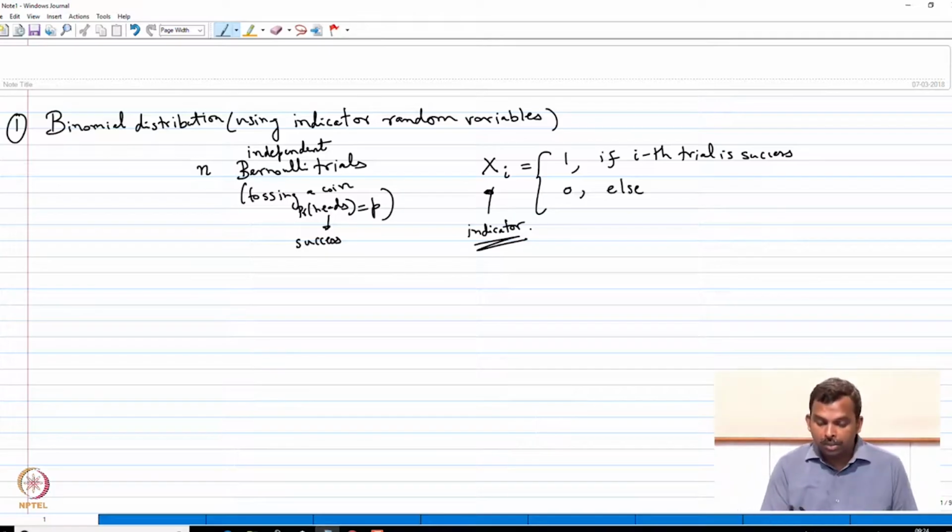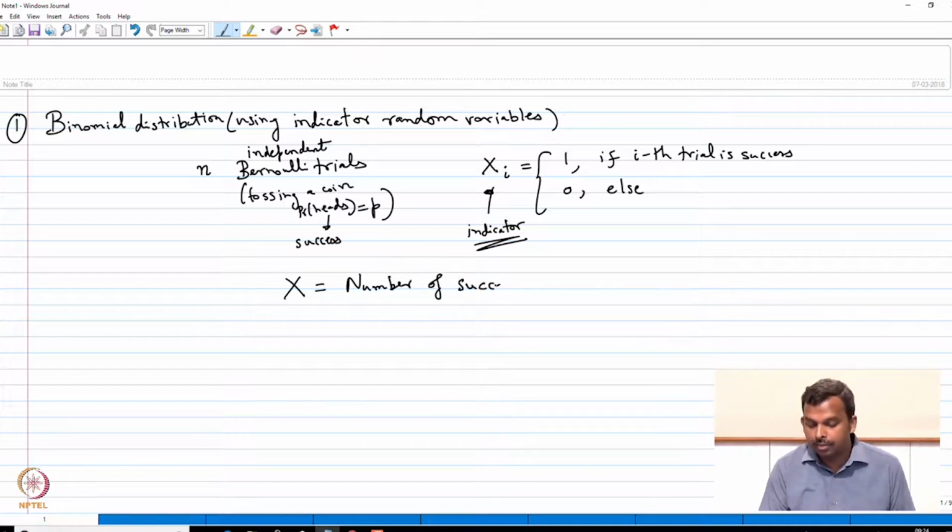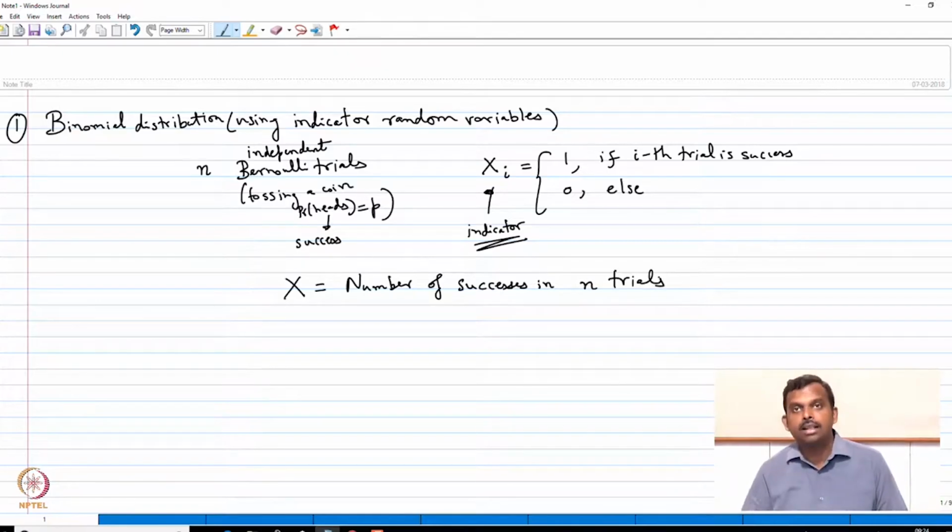Now what is my binomial random variable? I'm going to define X as the number of successes in n trials. In these n Bernoulli trials, how many successes I had, that I denote as X. We know very well that this is a binomial with parameters n and p.